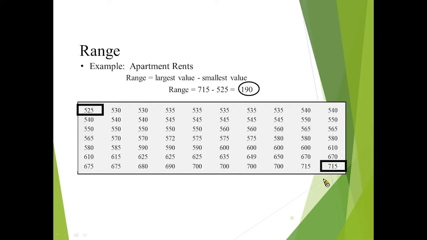The largest value and the smallest value: 714 minus 525 is 119. This is the range.